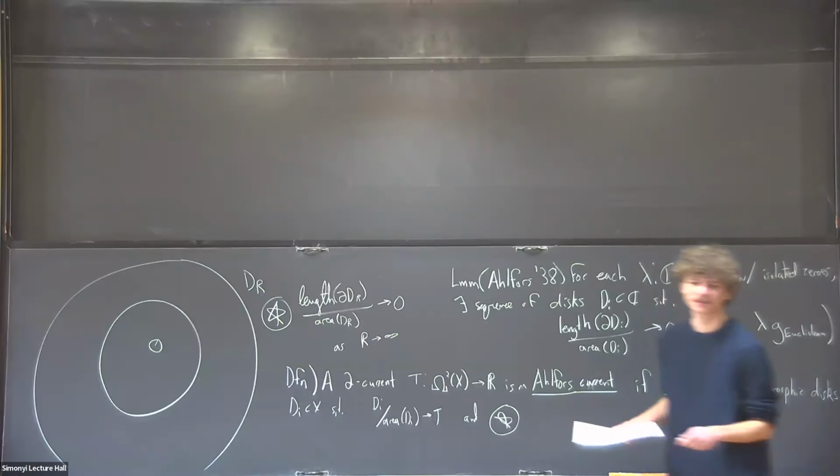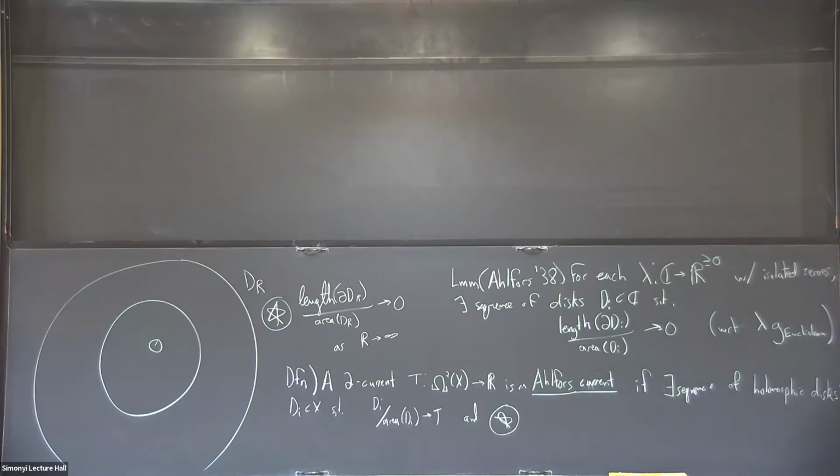X is an almost Hermitian manifold. So throughout the talk, there will be a Hermitian structure, or an almost Hermitian structure, in the background.